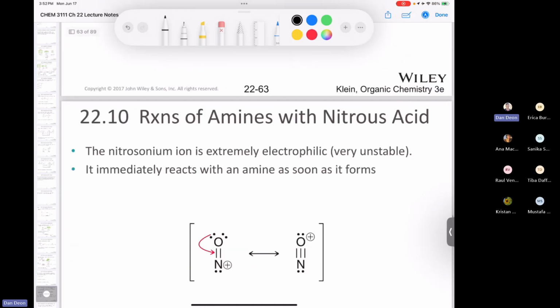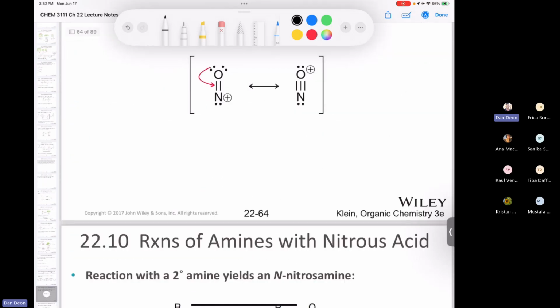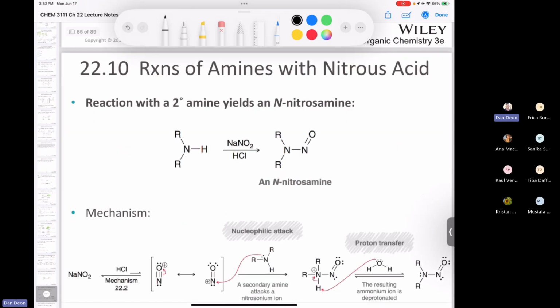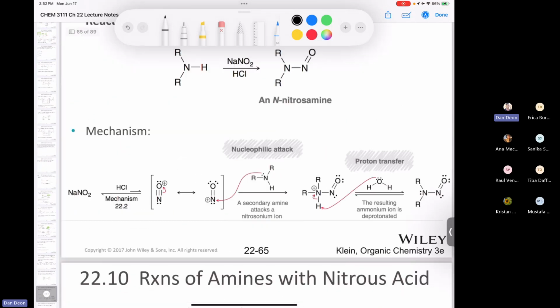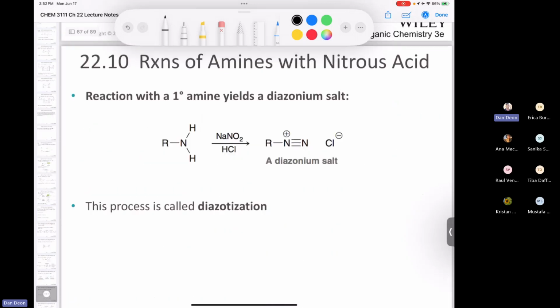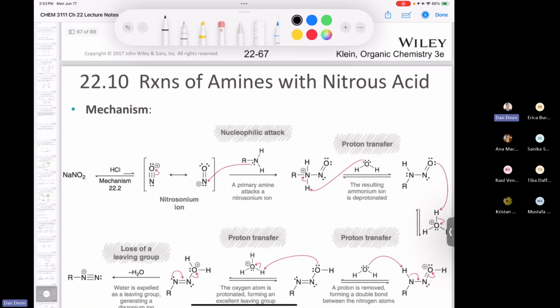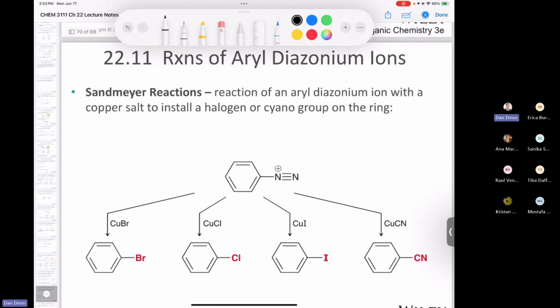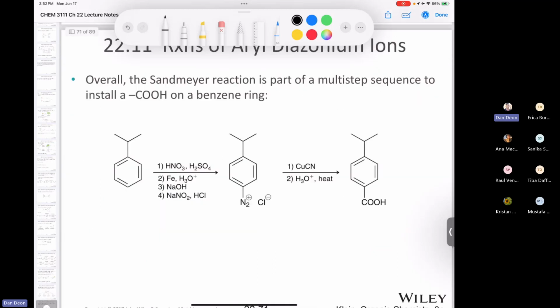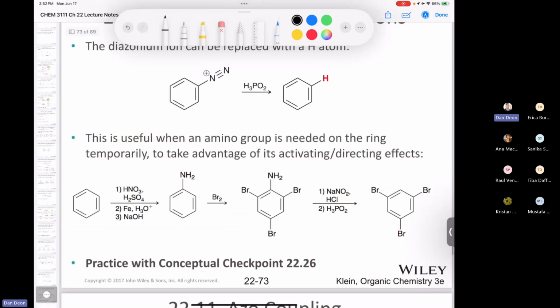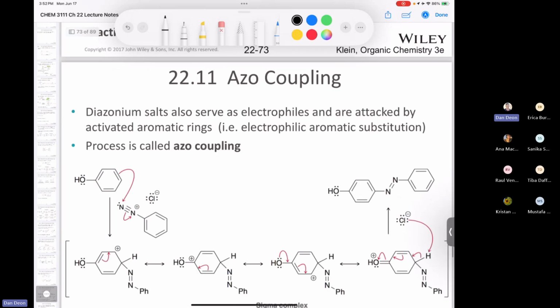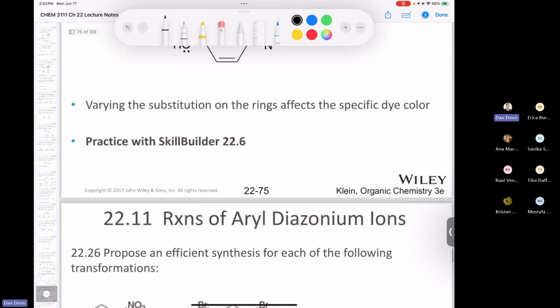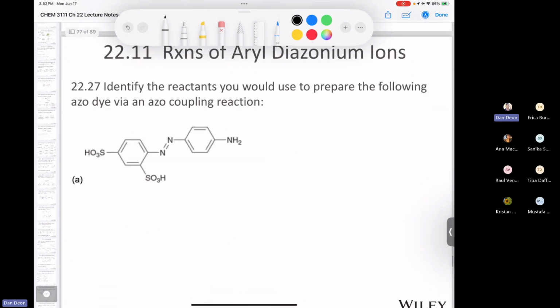We'll talk about making a nitrosonium ion, and how to make a nitrosamine. After a nitrosamine, which is kind of useless, we'll talk about diazonium salts. From diazonium salts, we'll get into what are called the Sandmeyer reactions. After the Sandmeyer reactions, we do one more thing, which is look at some other diazonium ion reactions like azo coupling. And then that's the end of the chapter.